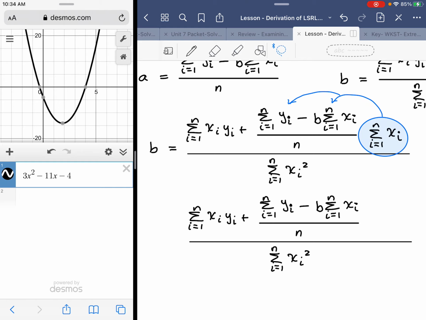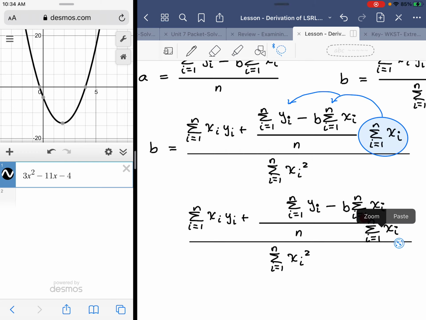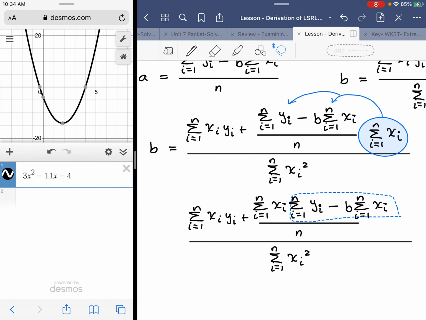So we're going to be multiplying the sum of x by the sum of y. So let me smidge this over. I'll just snag this sum of x here and duplicate it. Could probably afford to bring this over a little bit more, and then bring the whole thing over.